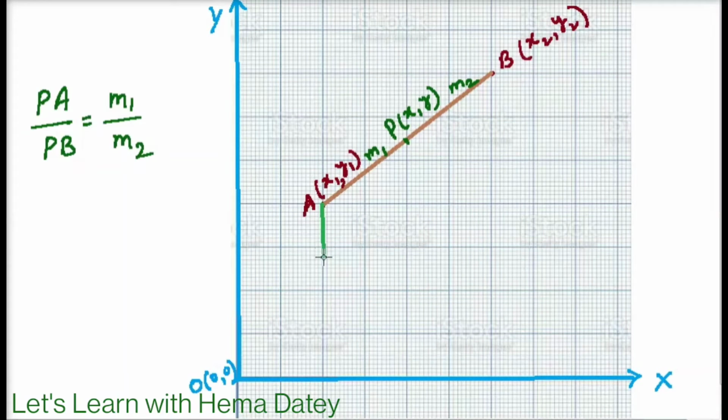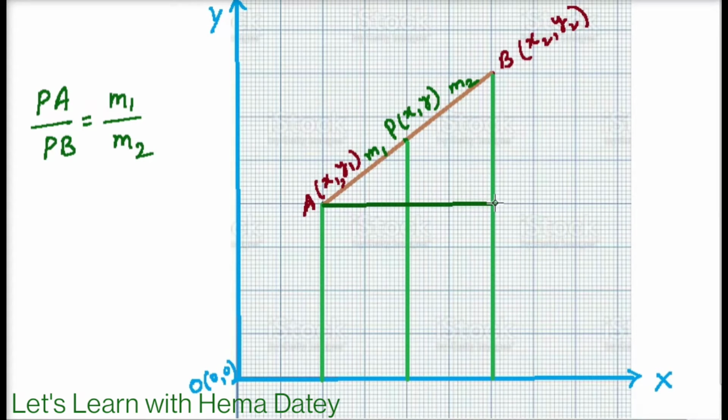Now let's draw perpendicular on x-axis from point A, point P and from point B. We will also draw lines parallel to x-axis passing through A and point P. Let's name the points on x-axis R, S and T. Also AQ is perpendicular on PQ and PC is perpendicular on BC.